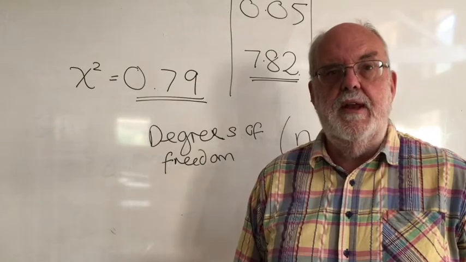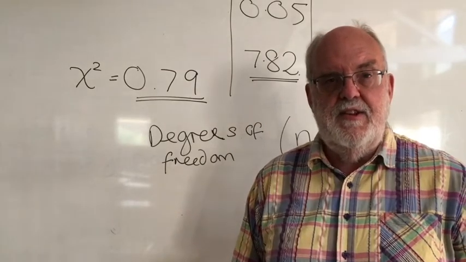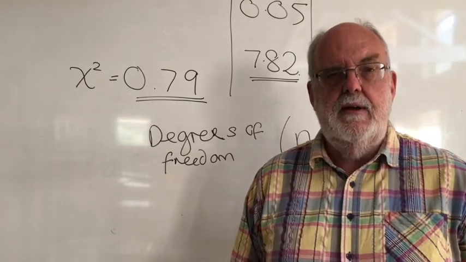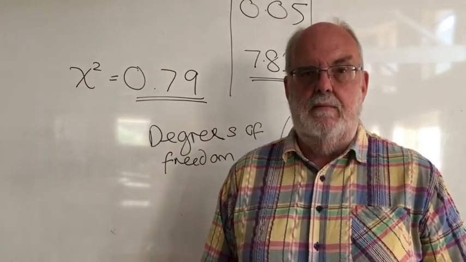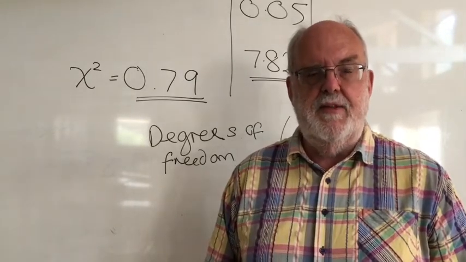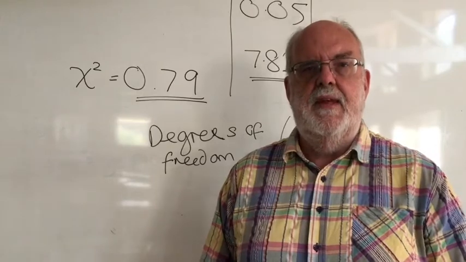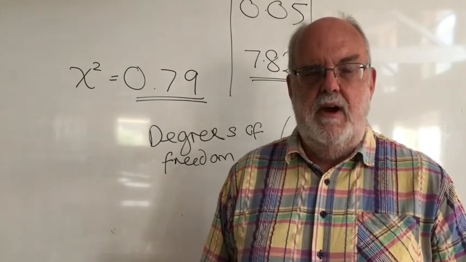So toss the coin 100 times and you get 80 heads and 20 tails. If you got that, you would assume that there was a problem with the coin, a weight on one side to make it fall more often like that. So there's another factor coming in apart from chance. We don't worry about what the factor is at the moment.